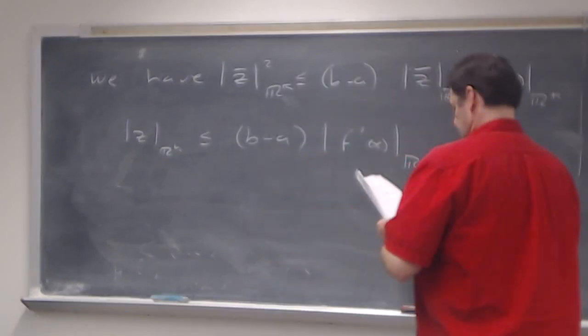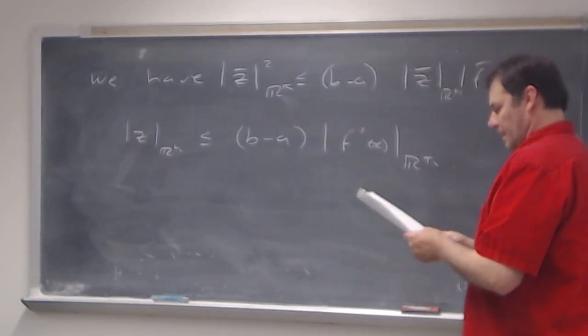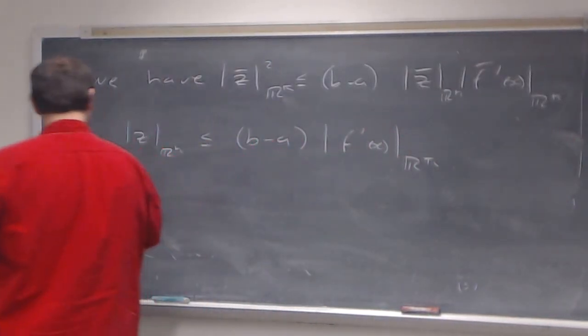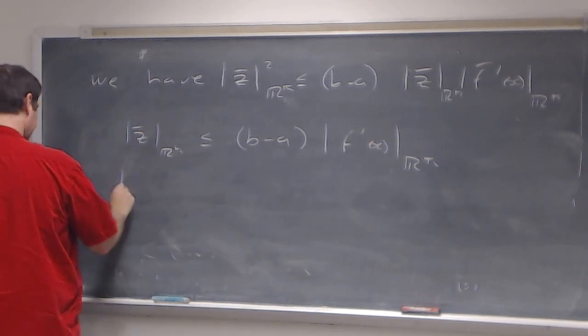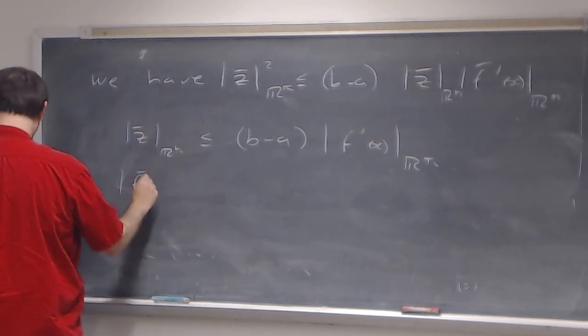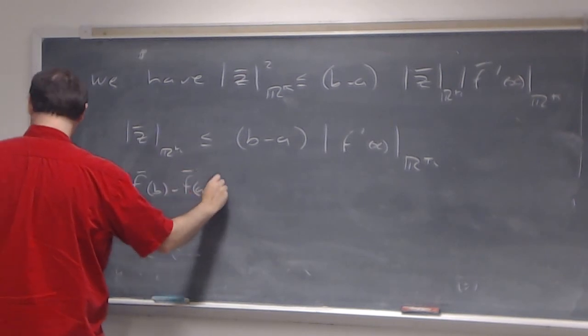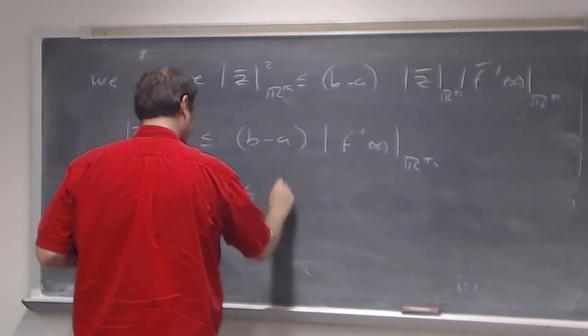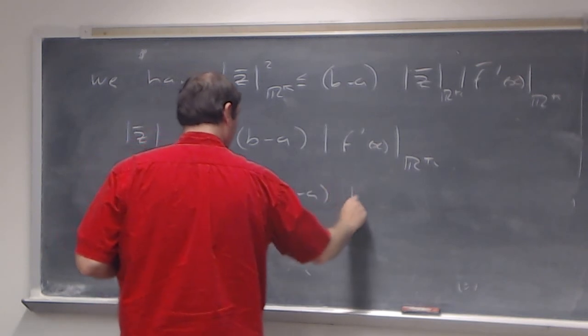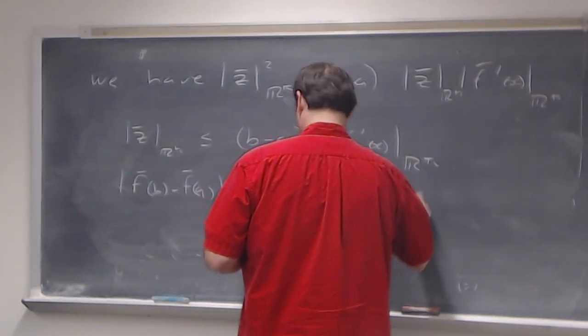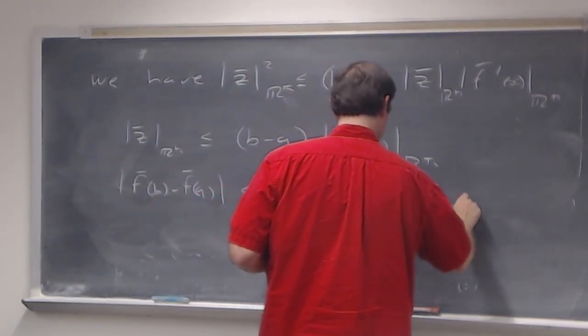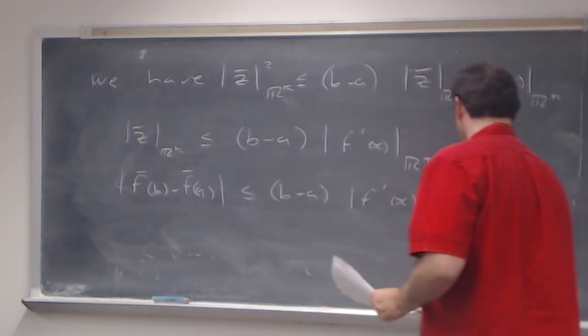And this is F bar of B minus F bar of A, which is less than or equal to B minus A times the norm of F prime of X. And that proves the theorem.